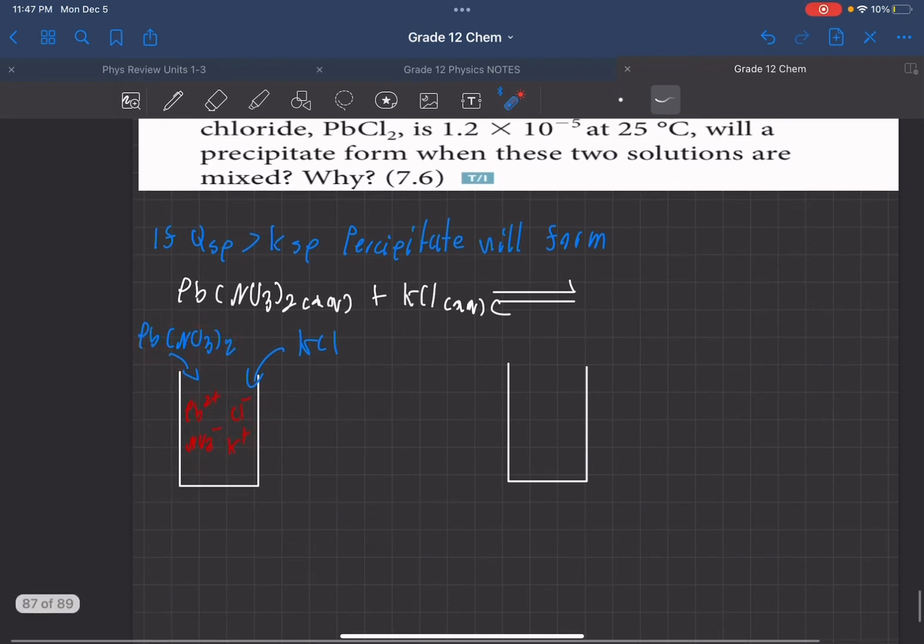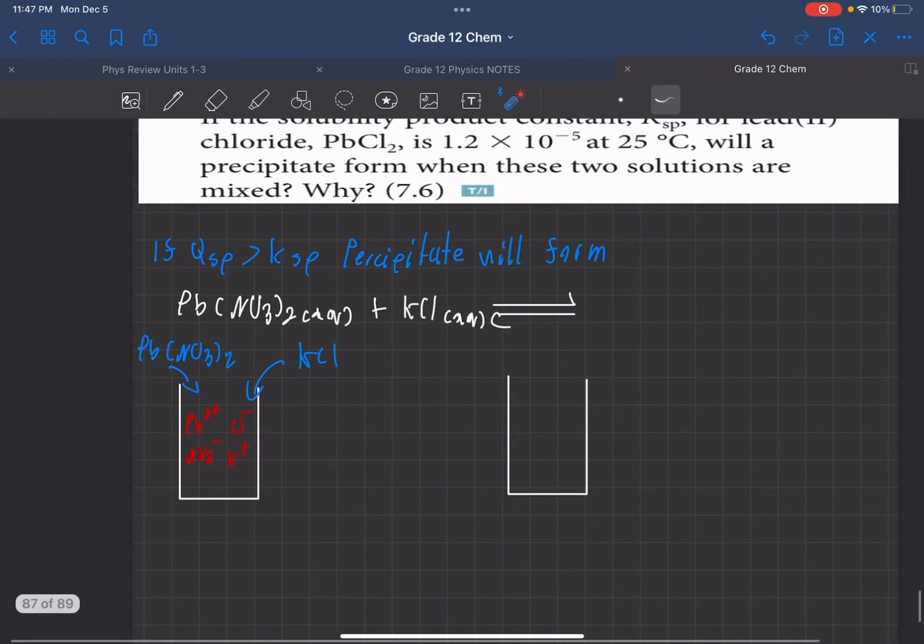So what's going on? Well, some of these ions are reforming back into their original reactants, right? So these could be going back to this, and this KCl could be going back to this. But some of these ions are also replacing each other, thus a double replacement reaction, right? So this Pb can go with Cl, and this K plus will go with NO3.